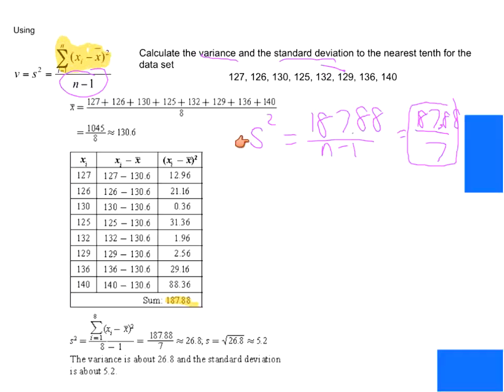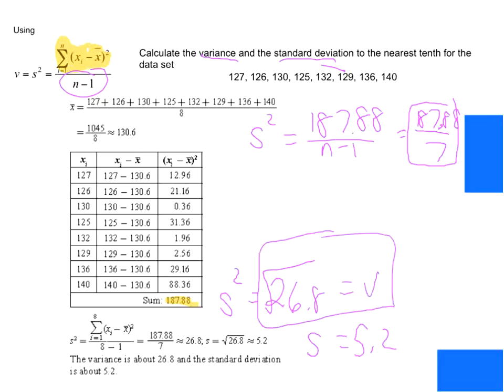But notice that that's s squared, right? s squared equals 26.8. So to find just plain old s, you'd have to square root it, 5.2. So this is variance. Variance is 26.8. Your standard deviation is 5.2.